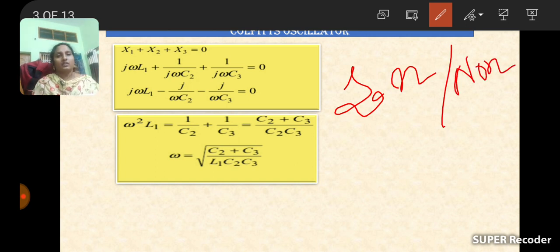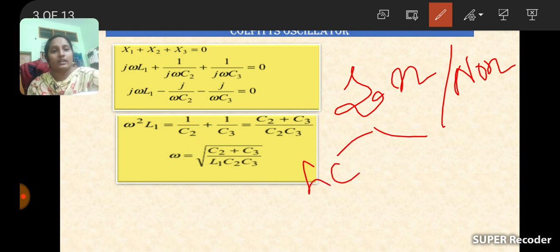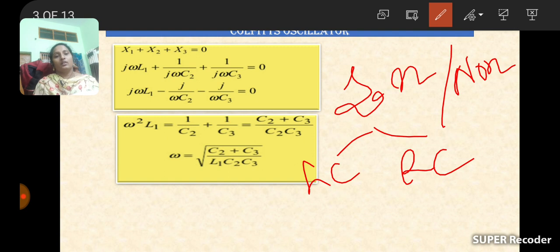The oscillators used to produce sinusoidal waveforms are again classified into LC oscillators as well as RC oscillators. In LC oscillators, the tank circuit is made with inductive and capacitive circuits.